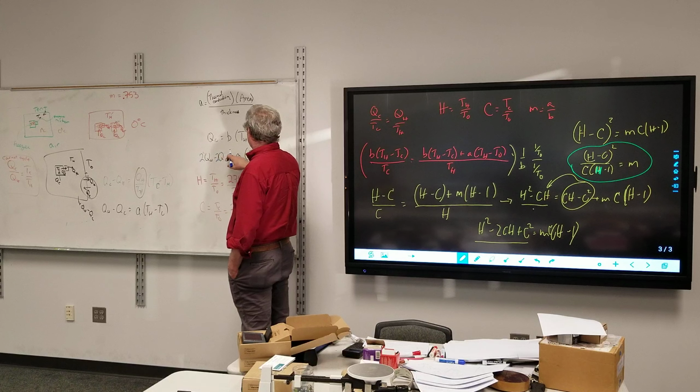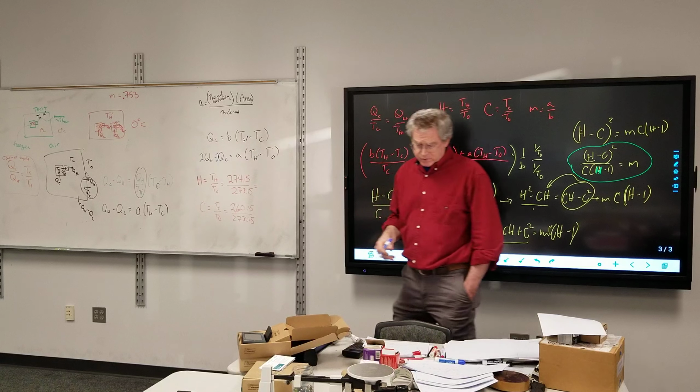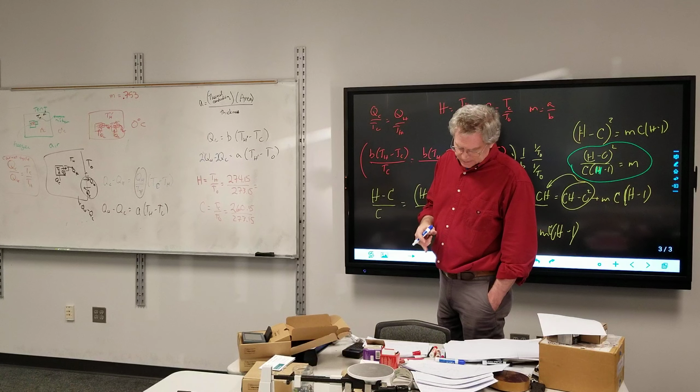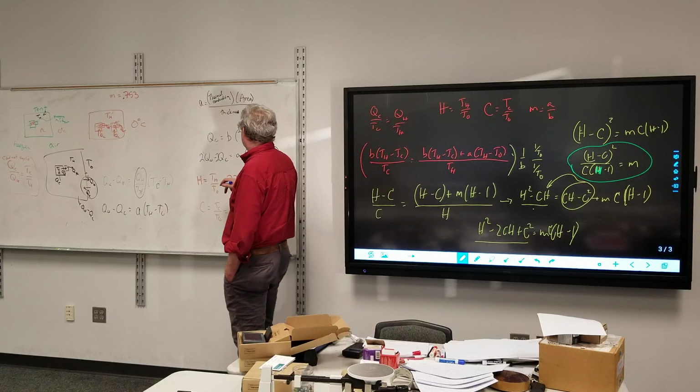QC stays the same, TH is now TH prime, and the cold temperature, the freezers are still negative 13 degrees Celsius. QC, so this is Q.